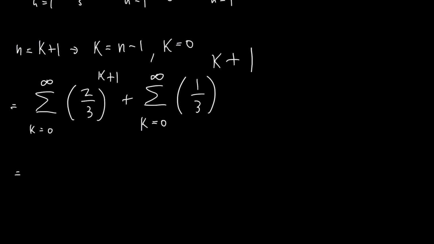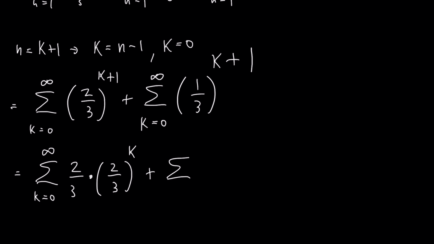And we could break apart these exponents into the sum from 0 to infinity of 2/3 times (2/3)^k plus the sum from k goes from 0 to infinity of 1/3 times (1/3)^k.